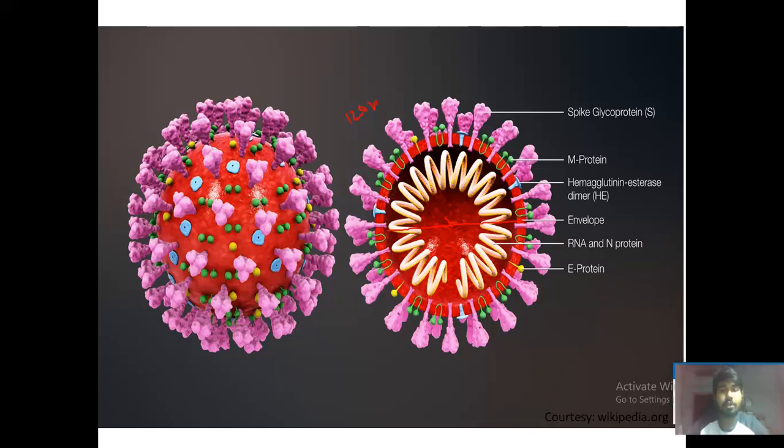This envelope is made up of proteins and lipids. The proteins are of different types, such as spike glycoproteins, M proteins, and HE dimer. These spike proteins play a very important role in the infection of this virus.